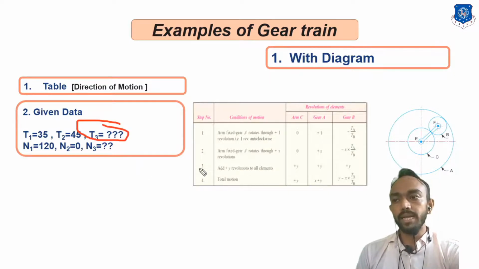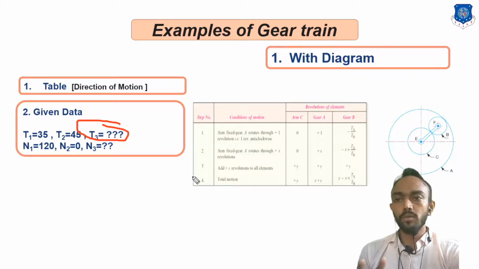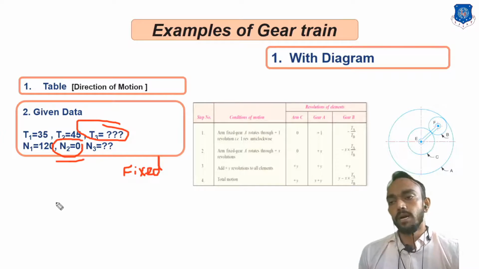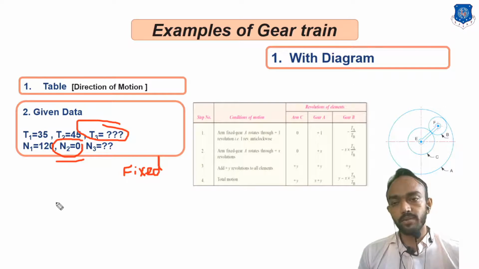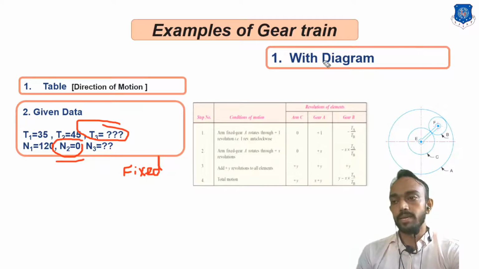In the given data, two RPMs are always given, and among them one is always 0. They will say this gear is fixed. In an easy example they say this directly, gear A is fixed, so you can write this. But as you go to harder examples, they will confuse you by giving lots of elements, some of which are fixed and some rotating, to make the example hard.